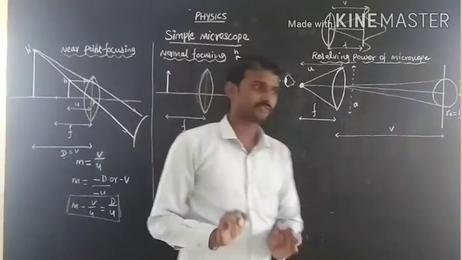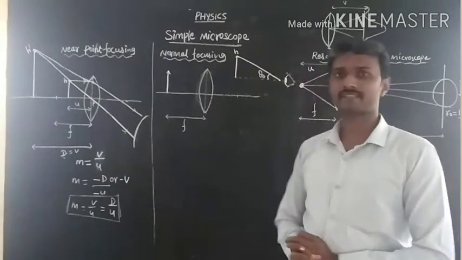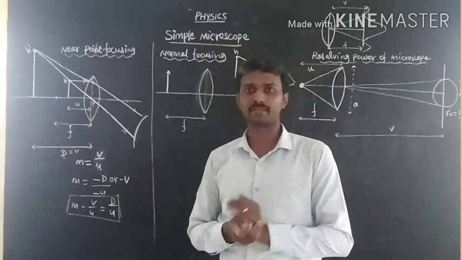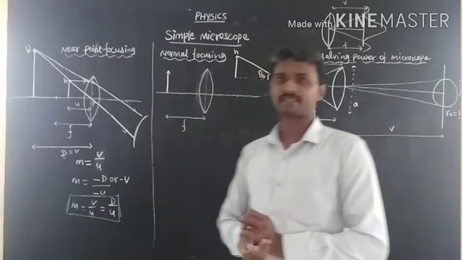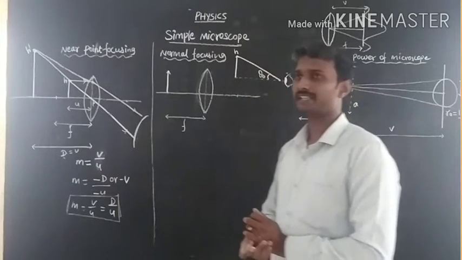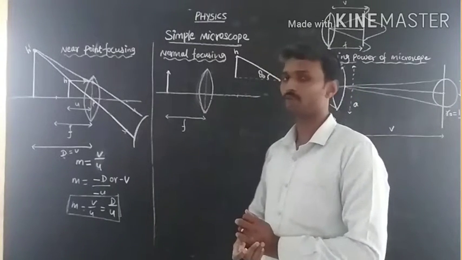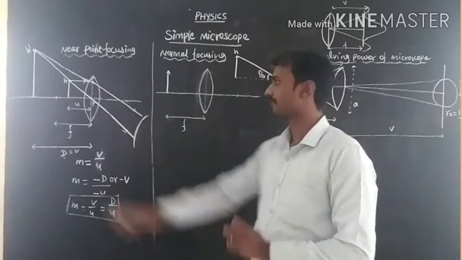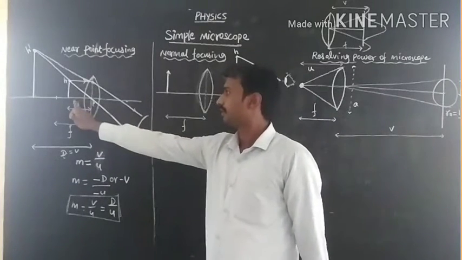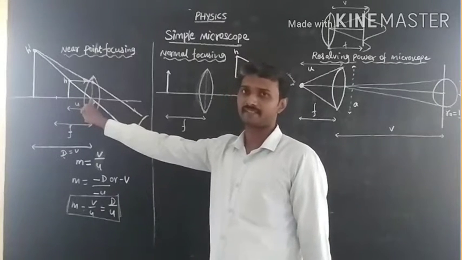So this is the role of the convex lens. A convex lens produces a magnified image for an object located at the principal focus or in between the principal focus and the optic center.